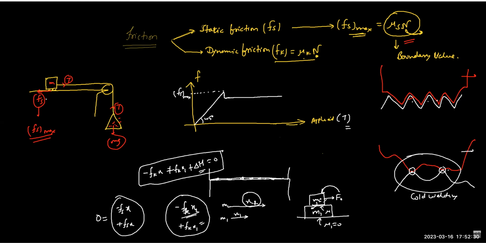And that is why, if someone asks you, can we conserve energy in the presence of friction? The answer is yes, we can. If friction is static in nature, it will never lead to heat dissipation, and therefore energy can be conserved.